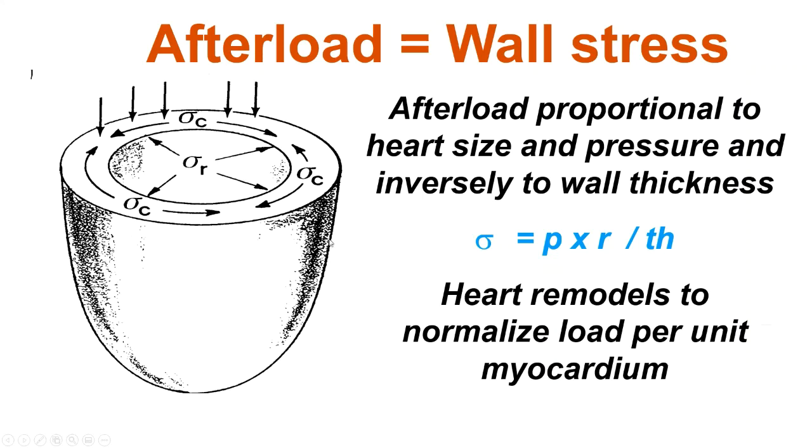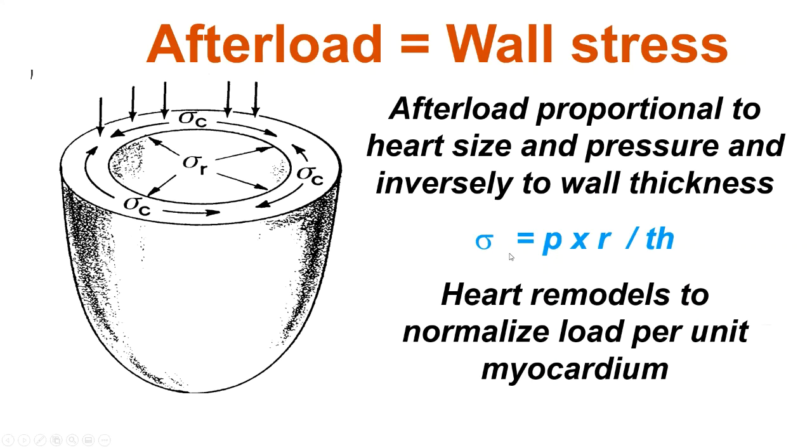So too, patients with severe hypertension, if they have developed compensatory hypertrophy. In the Laplace relationship here, wall stress, or afterload, is directly proportional to systolic pressure, directly proportional to the radius of the ventricle, but inversely proportional to wall thickness.